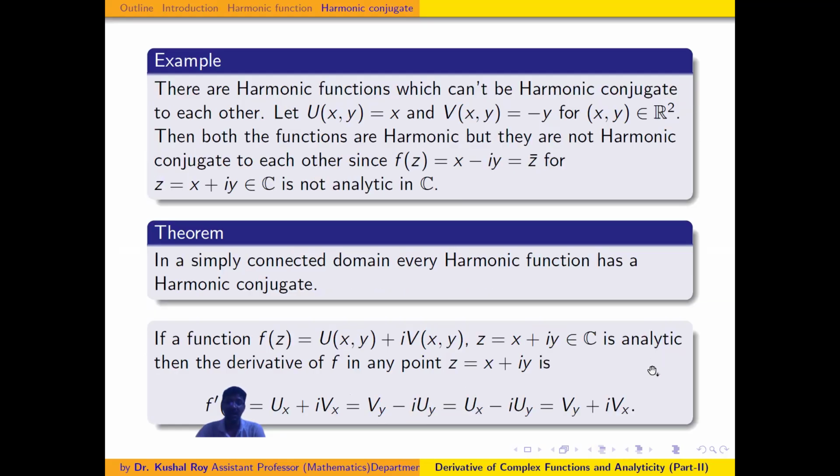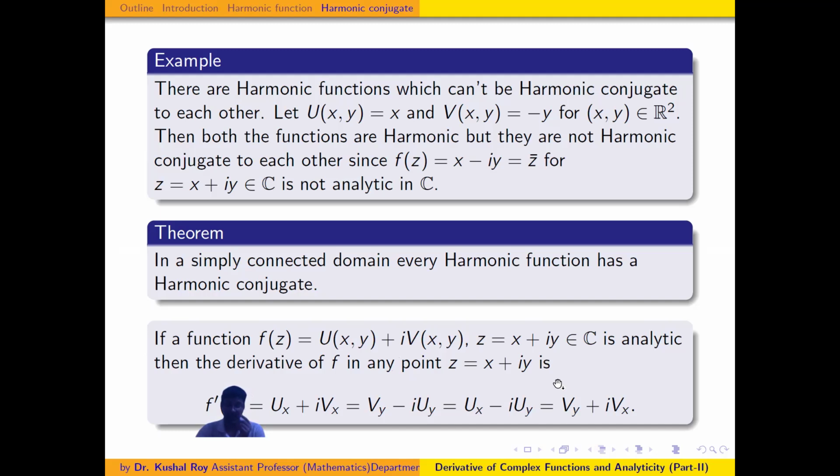It is also defined this way: since u and v are harmonic conjugates of each other, you can write ux equal to vy and uy equal to minus vx.